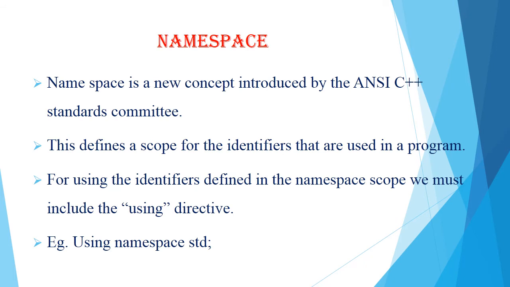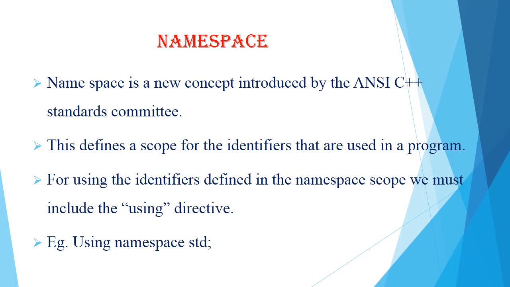Next is namespace. This concept was introduced by the ANSI C++ Standards Committee. This defines a scope for the identifiers that are used in a program. For using the identifiers defined in the namespace scope, we must include the using directive. Example, using namespace std.